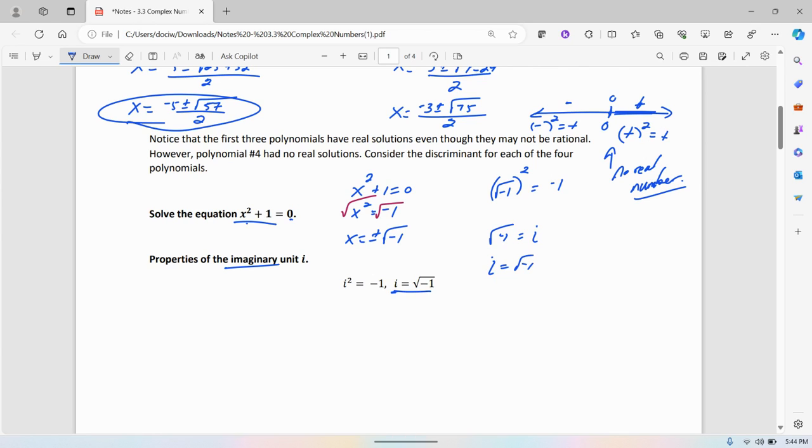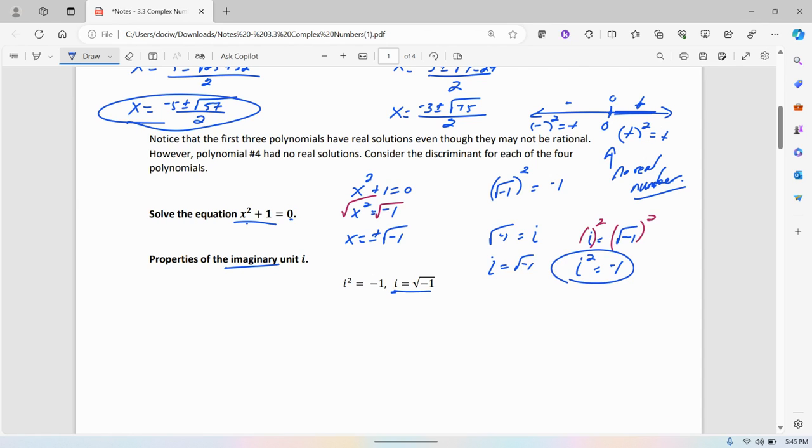If i is the square root of -1, if I square both sides, what that means is that i squared is equal to -1. Okay, so I want to know that.